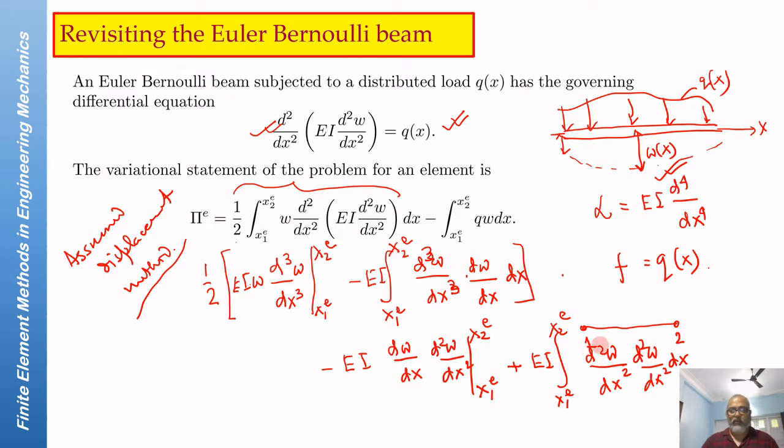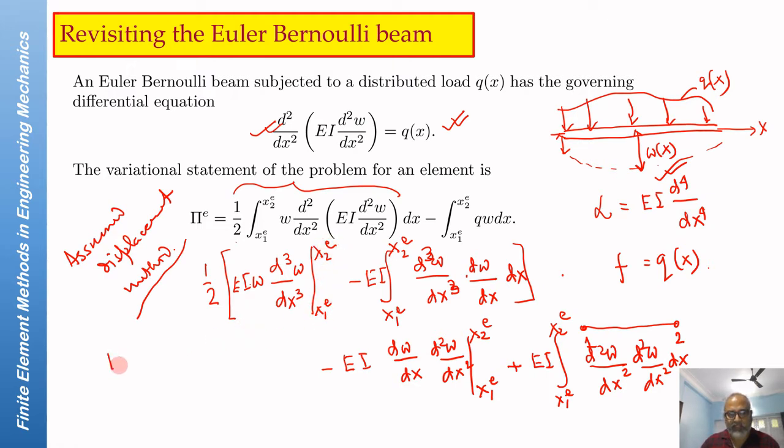All right. Now, once you have this, you realize that this quantity EI times d cube W dx cube are the shear forces at the ends x1e and x2e.